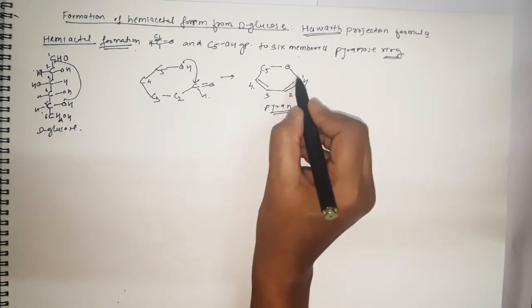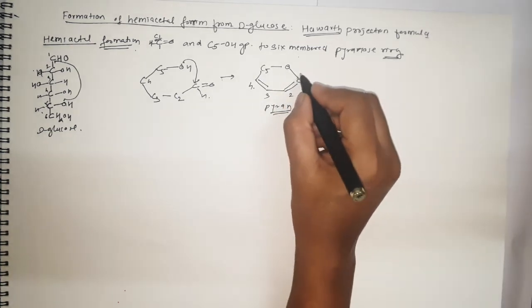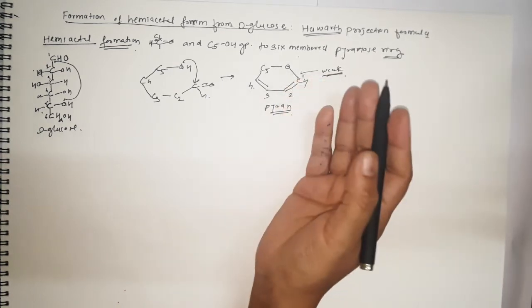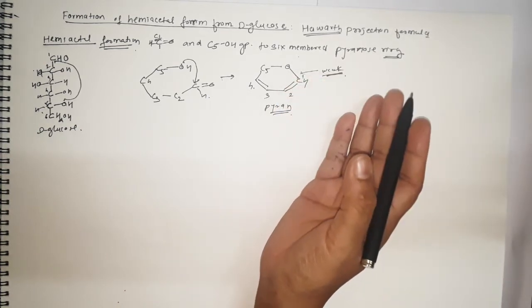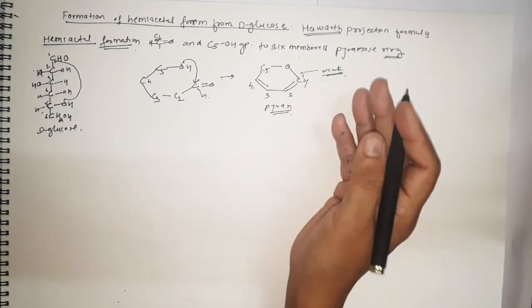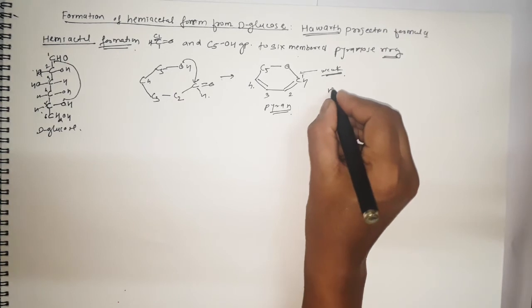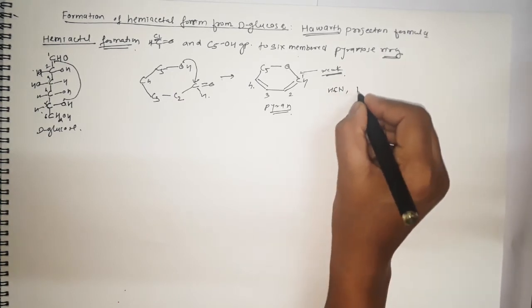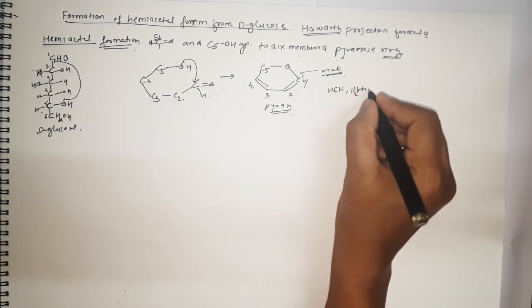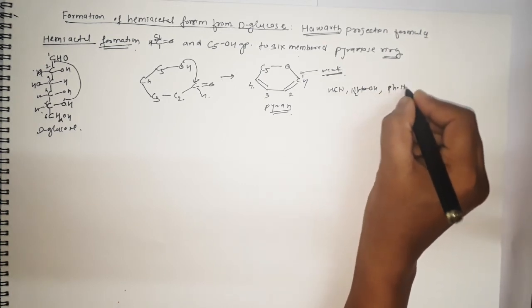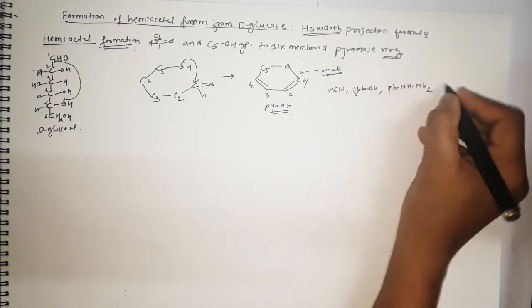Now this oxide ring is not stable, it is weak. It opens with strong reagents like HCN or oxime, H2S, NH2OH or phenylhydrazine, PhNHNH2.